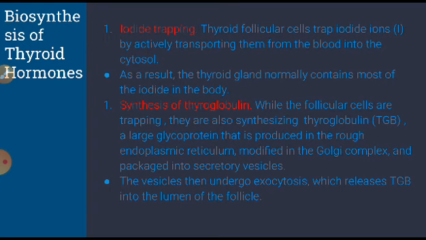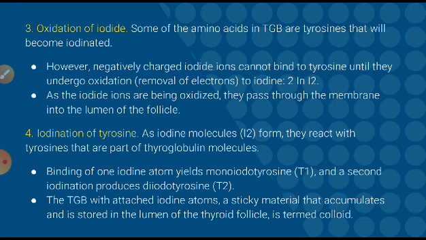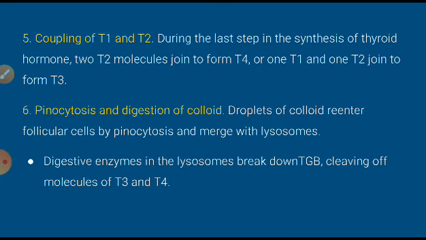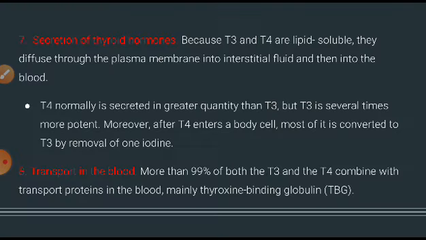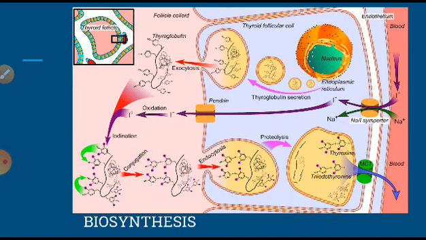So this whole process we can divide into various steps which we call iodide trapping, synthesis of thyroglobulin, oxidation of iodide, iodination of tyrosine, coupling of T1 and T2, pinocytosis and digestion of colloid, secretion of thyroid hormone, and lastly the transport in the blood. So this is the biosynthesis which is happening here.